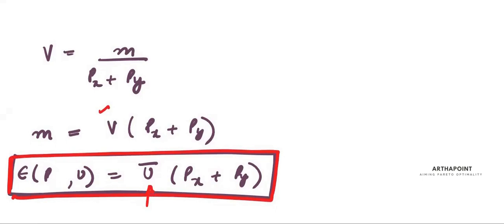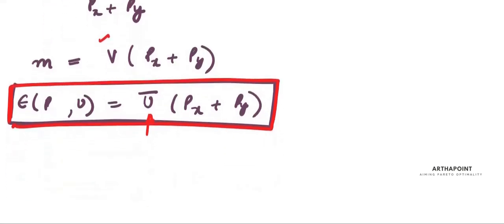Now, once you have the expenditure function, the next part is to find, using Shepard's lemma, the Hicksian demand function. So do that once. Just derive this using Shepard's lemma.